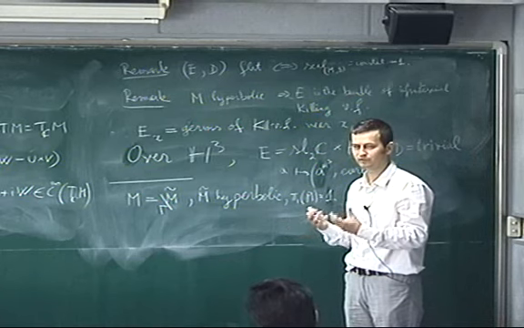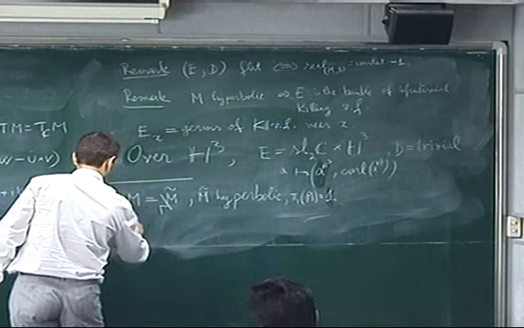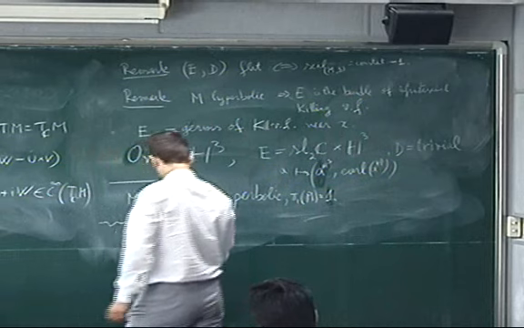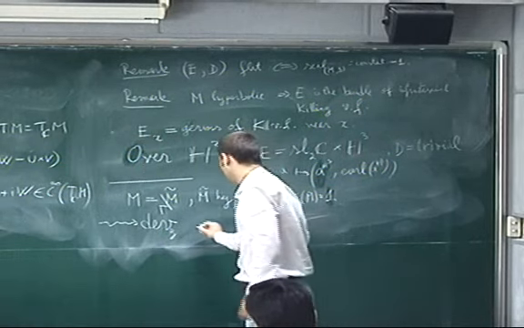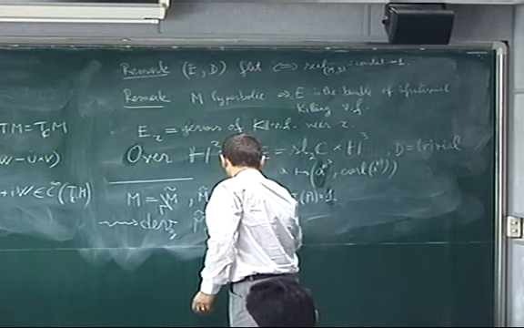So there are local developing maps, a developing map of the metric G defined on M tilde with values in H3.